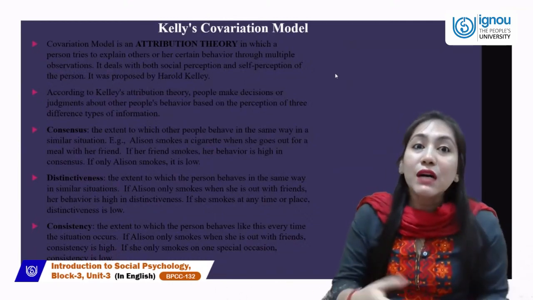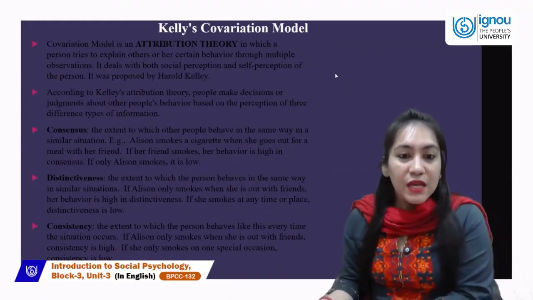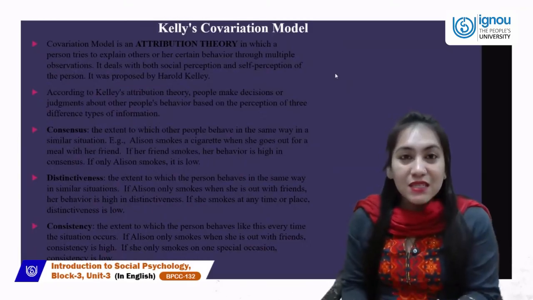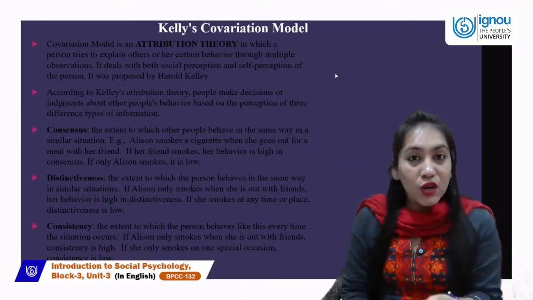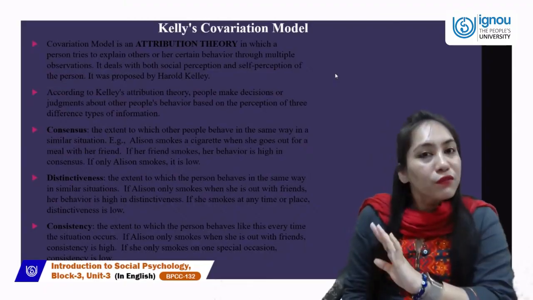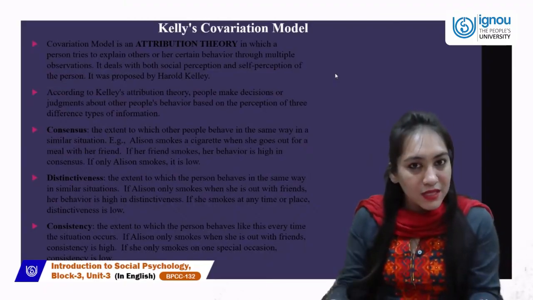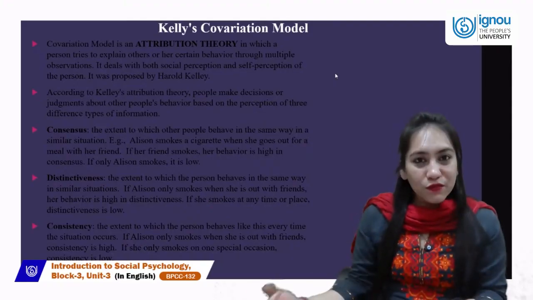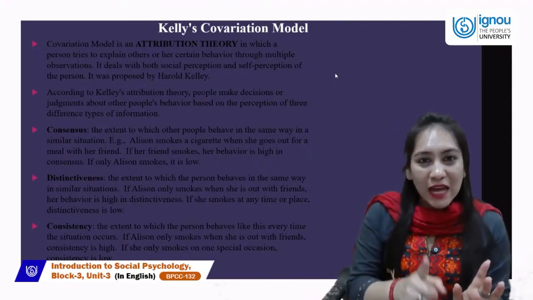If her friends also smoke when they go out for a meal, that is high consensus. This is for other people's behavior being the same in a similar situation. And if it's only Alison smoking and the friends are not smoking, it's low consensus.